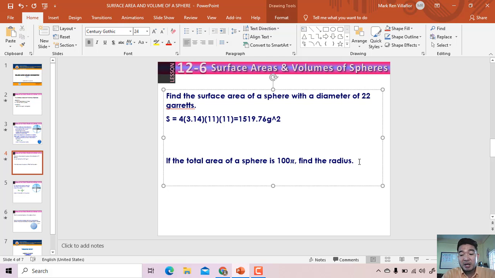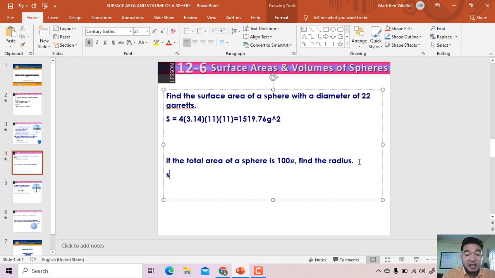And then for the second problem, here we have, if the total area of a sphere is 100 pi, find the radius. So it's a different problem in which the surface area is given and we have to find the radius of the sphere.